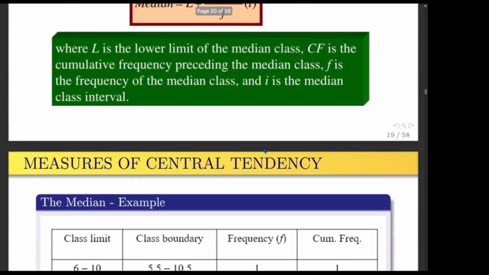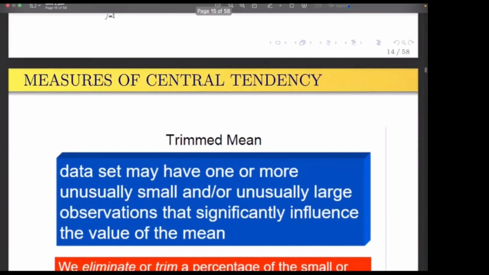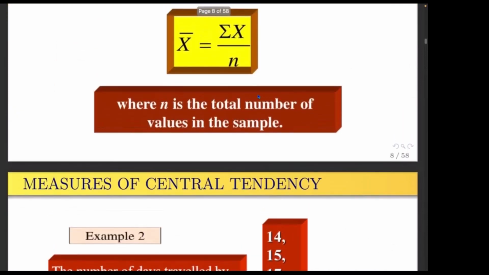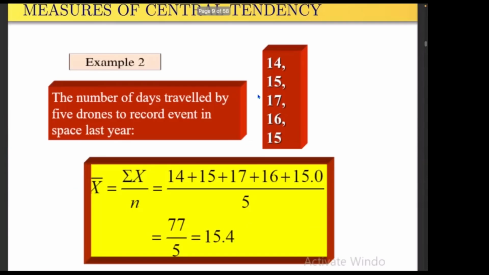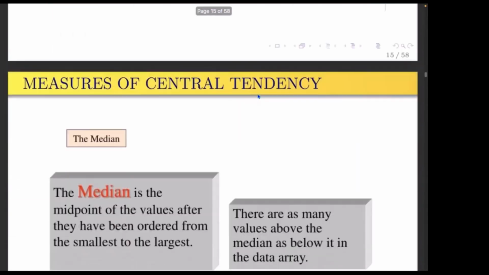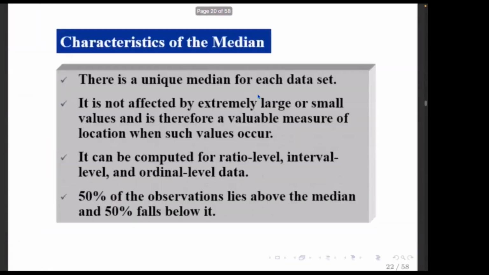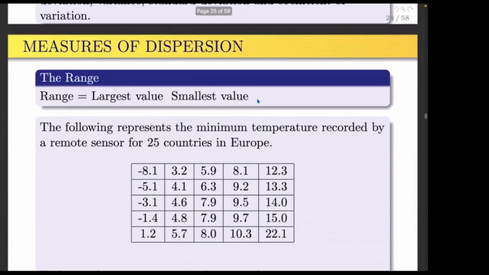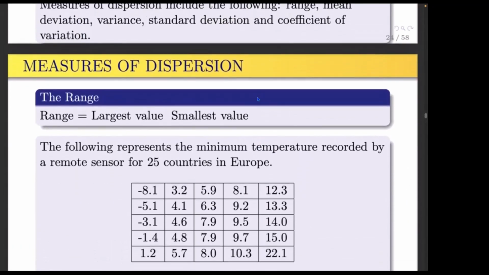We then go ahead to look at the measure of spread, or measure of dispersion, or measure of variability. If you've heard any of these names, it still comes to the same thing.